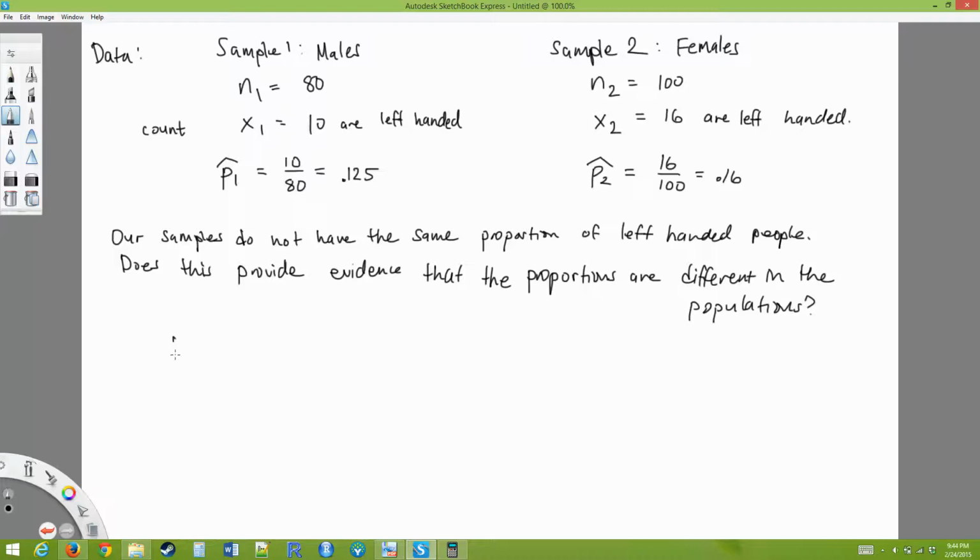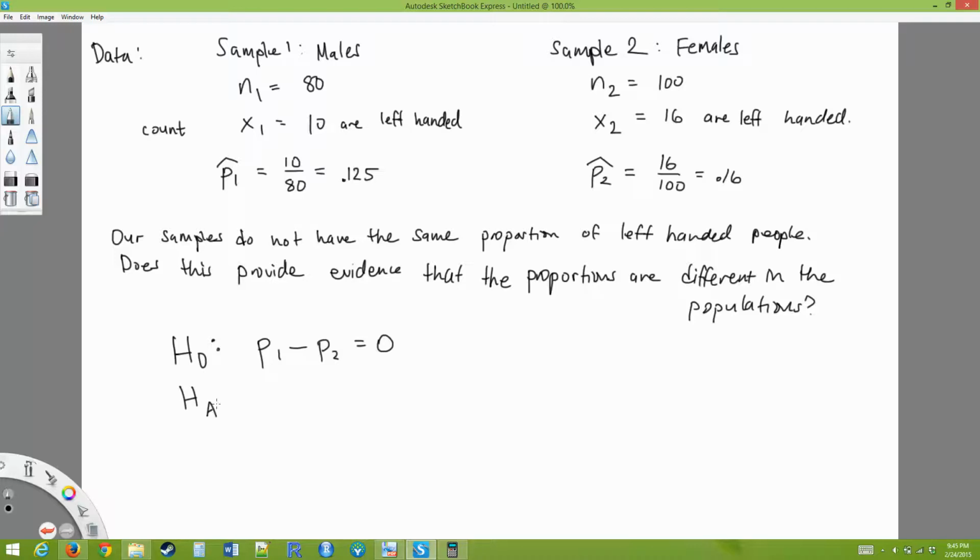So what would our hypotheses be? Our null hypothesis is always going to be P1 minus P2 equal to 0. What is this saying? This says that the two proportions are the same, that there's no difference between the two proportions.